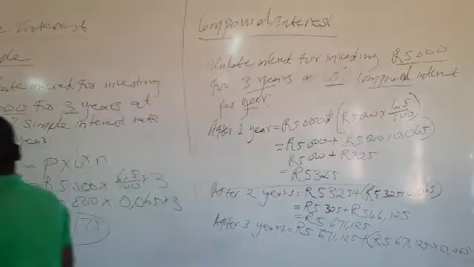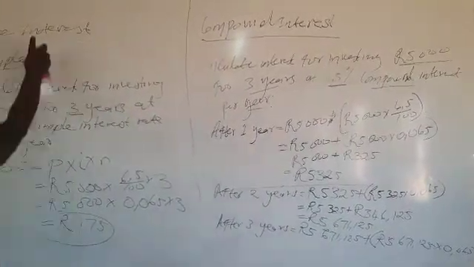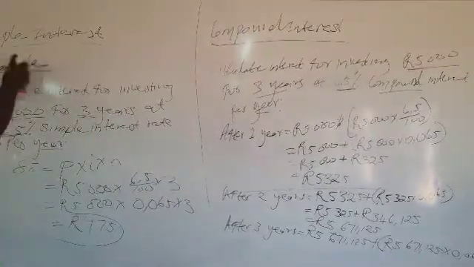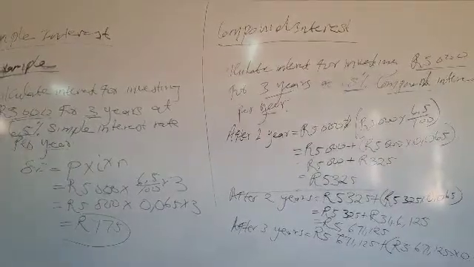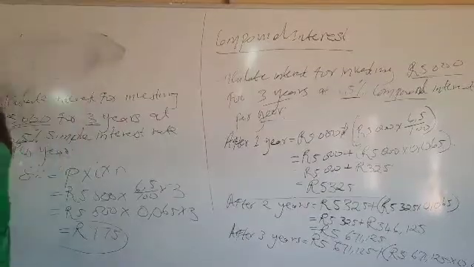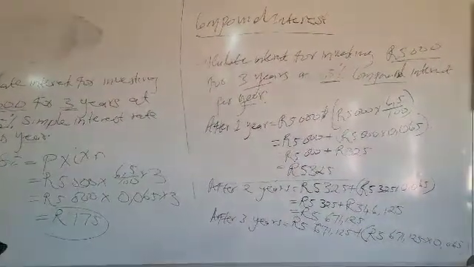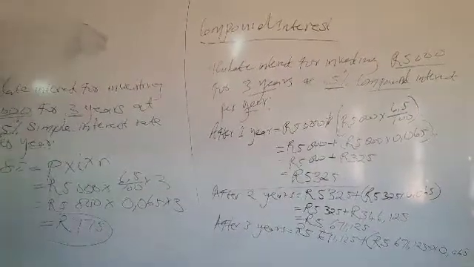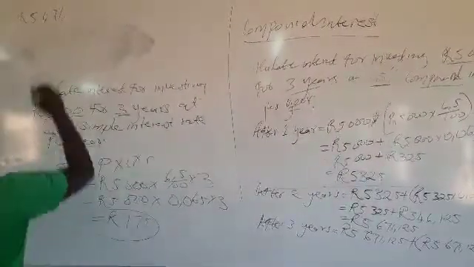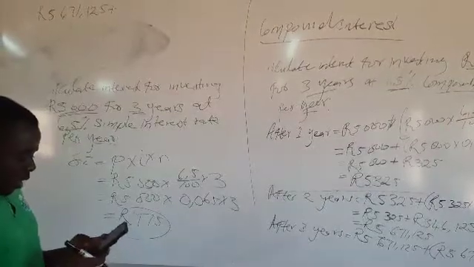Then we want to see how much the answer will be. Now it means that we go to the final year, and again we are still going to use the same approach that we used previously. So we write 5,671.125 plus.